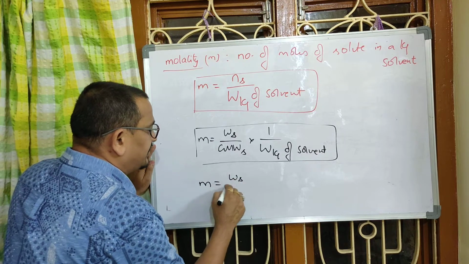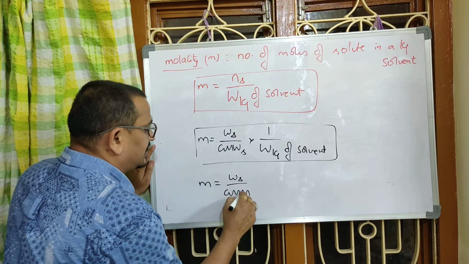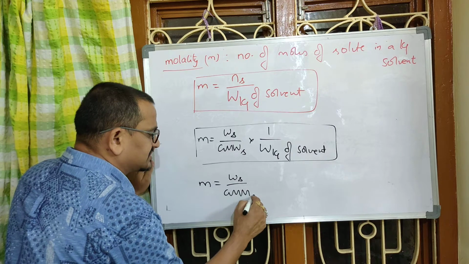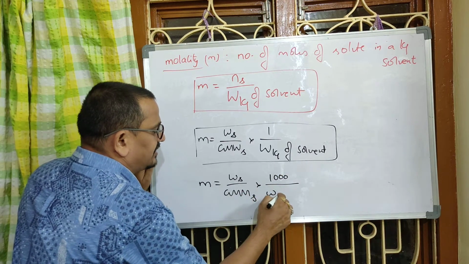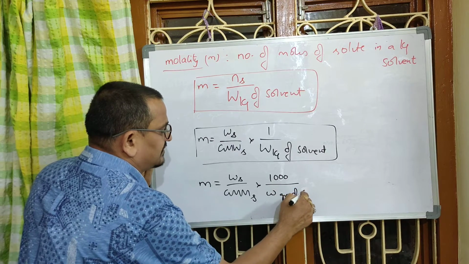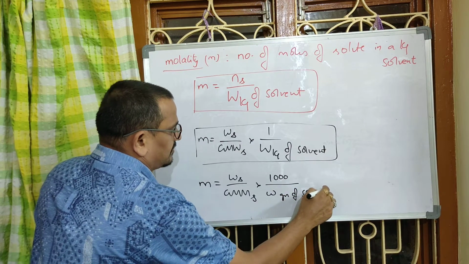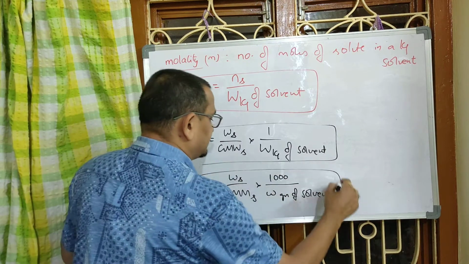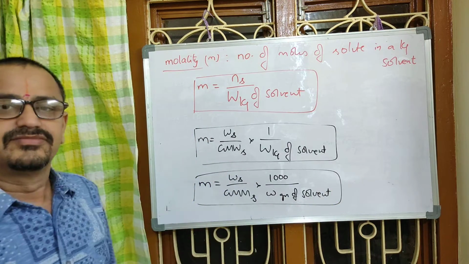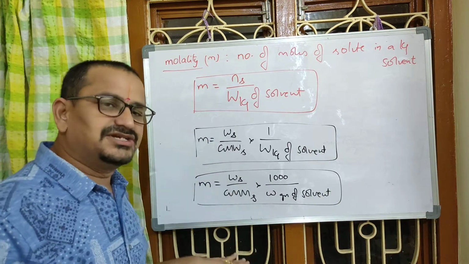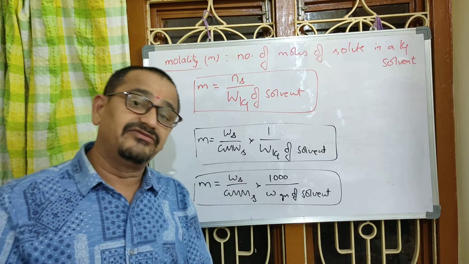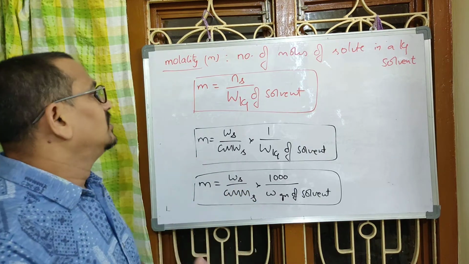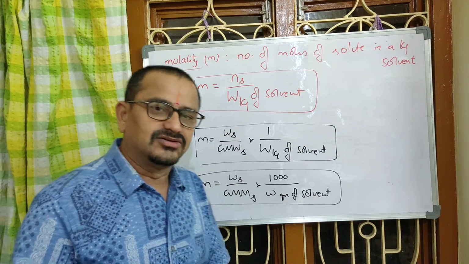Molality equals weight of solute by gram molecular weight or gram molecular mass of solute into 1000 over W grams of solvent. Understood? So these are the relations on which numericals can be framed. Now let us see a small numerical on this.